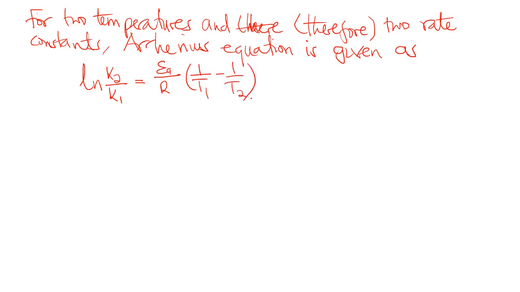You can play around with the natural log equation that I have given you previously to derive this equation. This equation will be given on your exam, so you just need to know how to use it. So this is the Arrhenius equation for two temperatures and two rate constants.